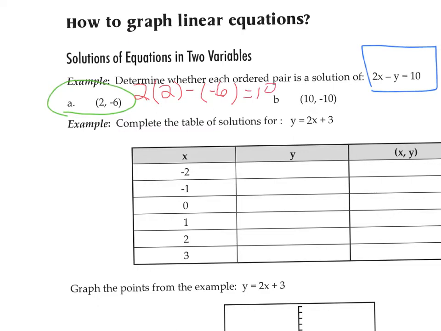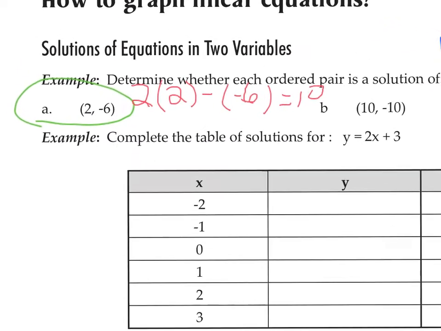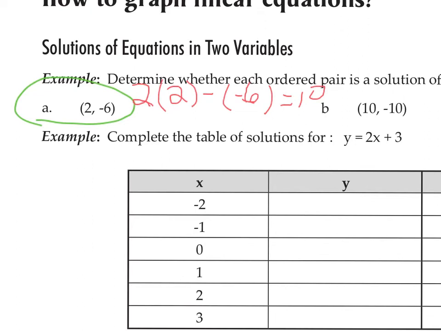When I simplify all of this, does it make a true statement? So first, 2 times 2 is 4. Minus negative 6 is actually going to cancel to be plus 6. So is this a true statement? 4 plus 6 is 10, so that means that yes, this ordered pair is a solution for this equation.